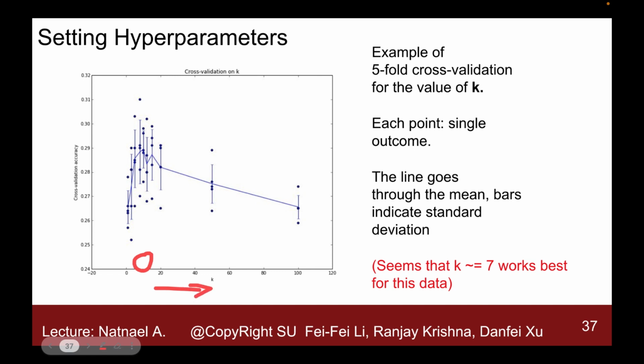The k, or the number of entities participating in this classification, is around 7. If k is around 7, then you see better results, right? So this is one important thing that you should learn from this diagram. Okay, this is how you tune or fine-tune your hyperparameters.